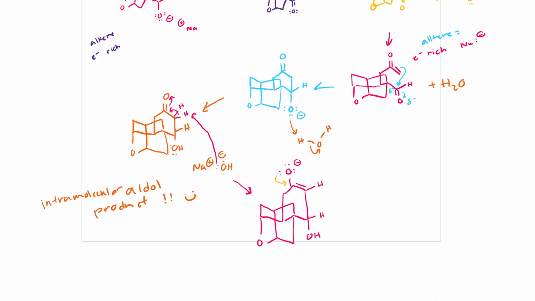But then that carbon has too many things bonded to it, so the pi bond is going to move down here. But then the carbon with the hydroxide now has too many things bonded to it. But because the top one is an enolate, and the enolate initiated this electron pushing mechanism, we are allowed to kick out the hydroxide.